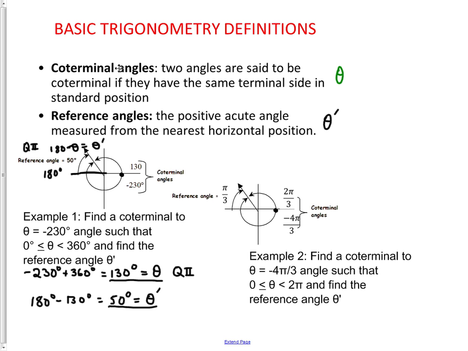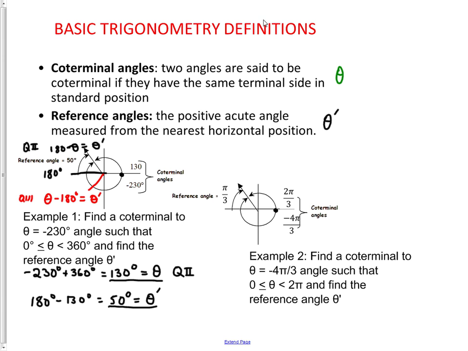That's what we want. Now, what happens if it's in one of the other quadrants? Let's say we're in the third quadrant. In quadrant 3, we would take our angle theta and subtract 180 this time. Remember, our goal is to get a positive acute angle. So we have theta, which is greater than 180, minus 180.